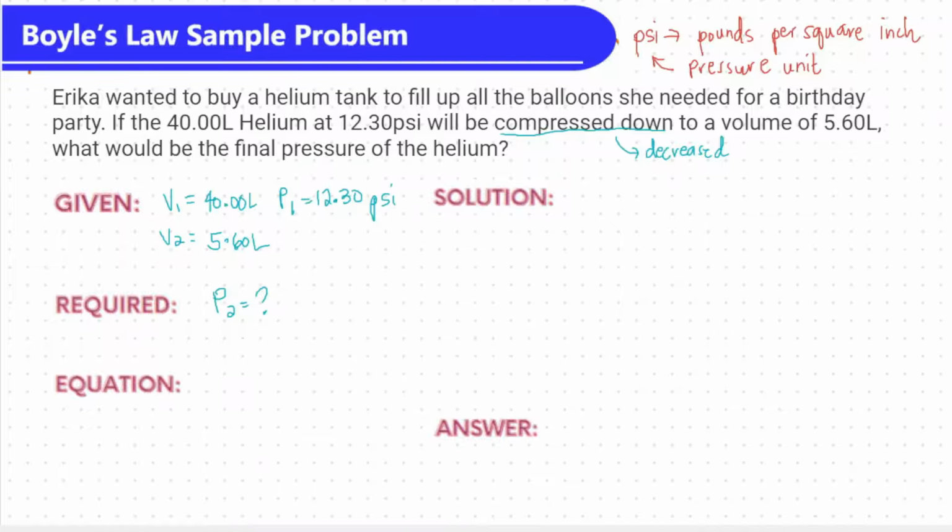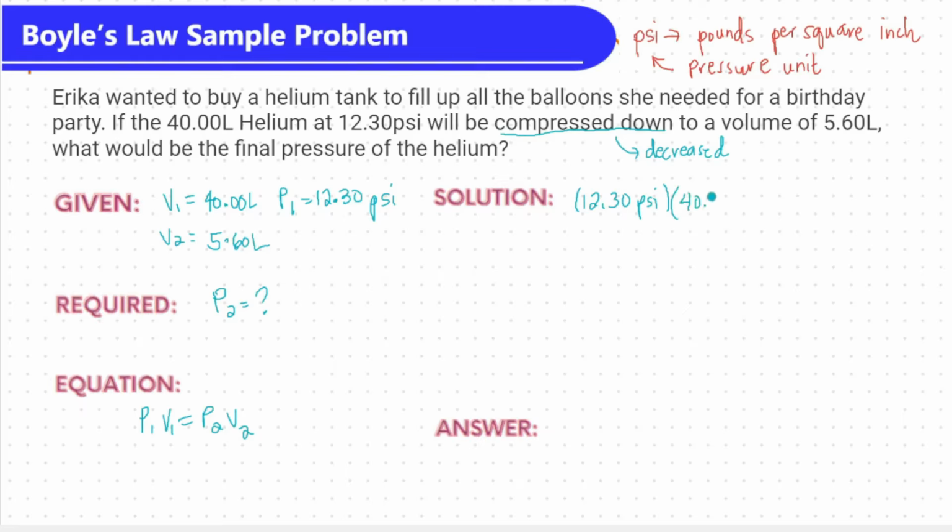Again, for our equation, we will be using Boyle's law because that would be P1 V1 is equal to P2 V2. Let's solve. So we again substitute our known values. Our P1 is 12.30 psi.